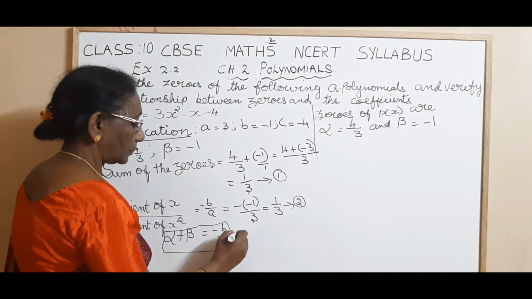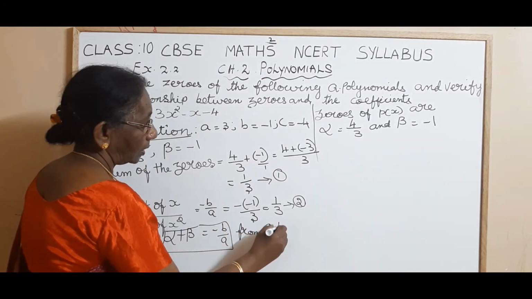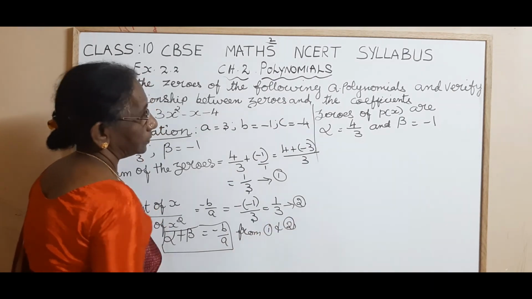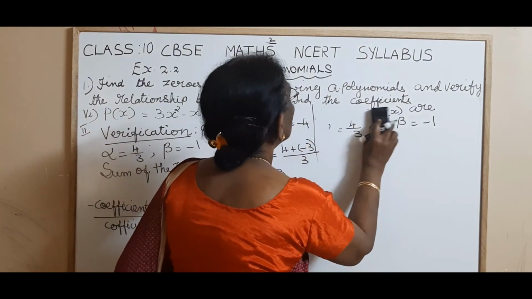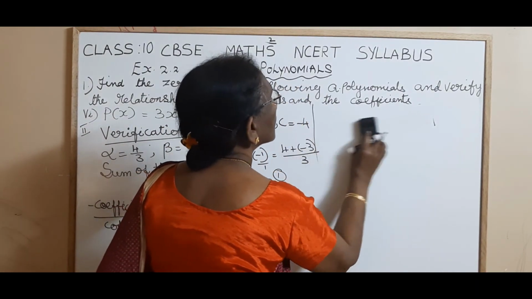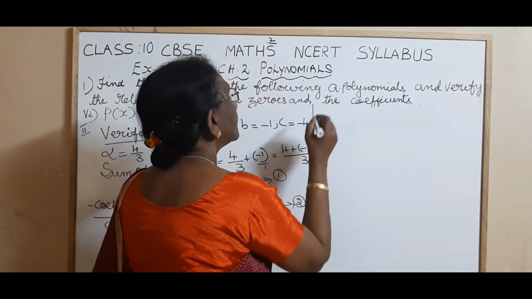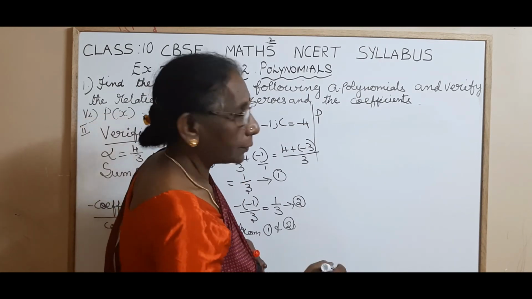This is from 1 and 2. Now let us prove the second relation. The second relation is what? You have to find the product of zeros.